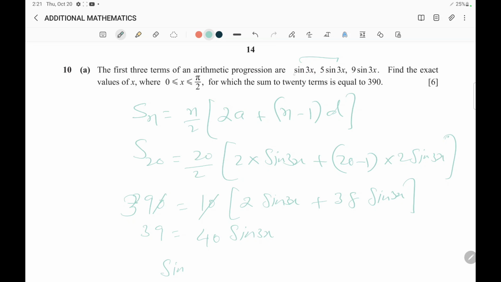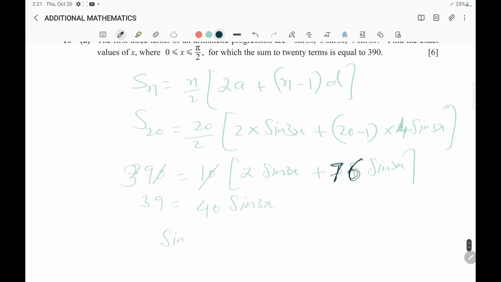Oh, this is 1 sine 3x and this is 5, so 4. It should be 4. So guys, 19 times 4, how much? It's 76. So it should be 76 here. Okay, 76 plus 2, it should be 78.